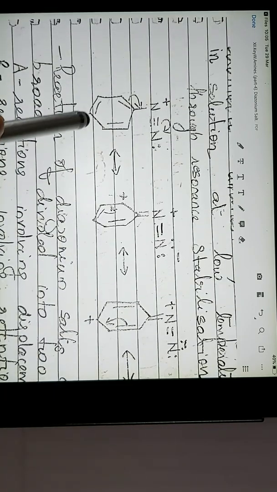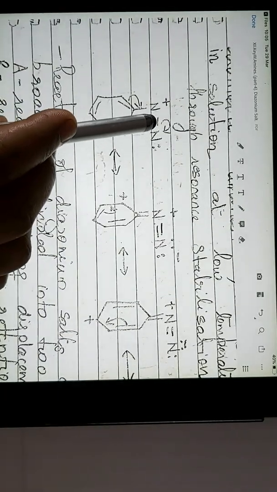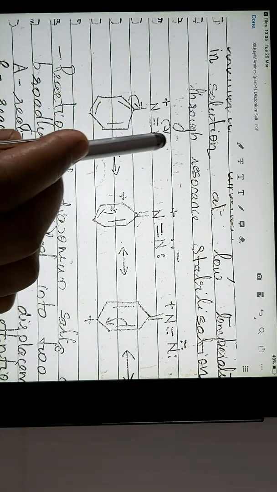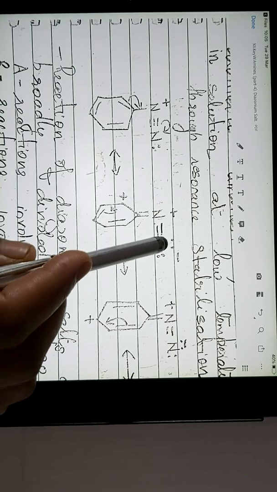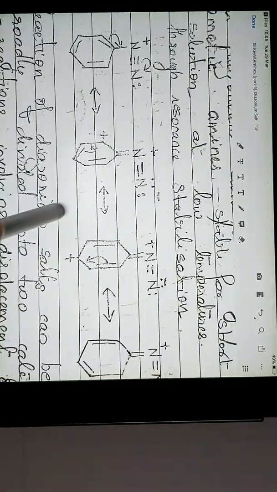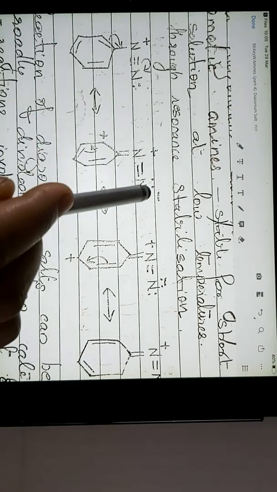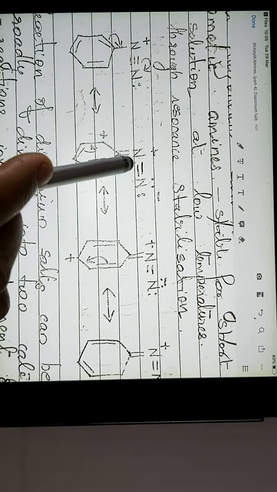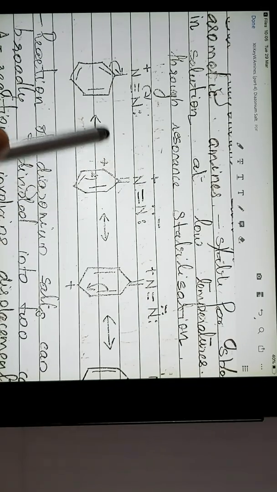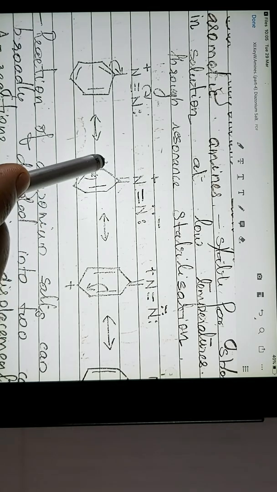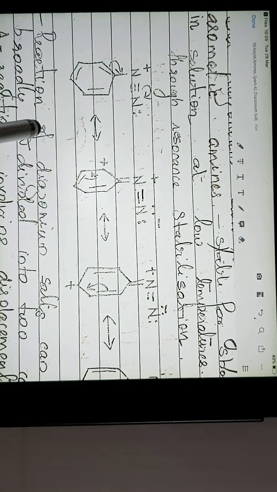You can see here the nitrogen, being electronegative, attracts this electron, and it moves towards the nitrogen, and this nitrogen gains two more lone pairs of electrons, and I can see there are only two bonds now, and that causes the double bond here to shift to this position, and this carbon gains a positive charge.